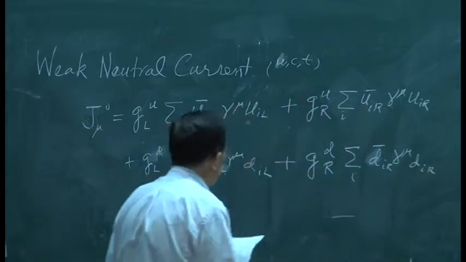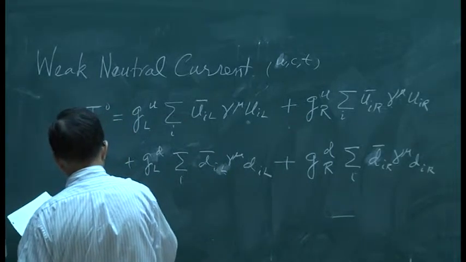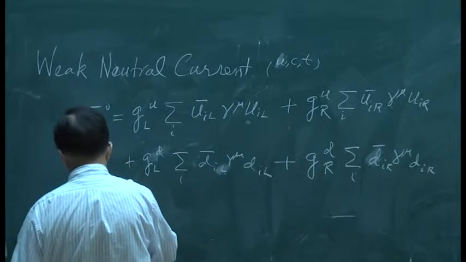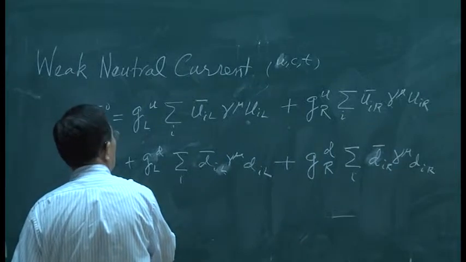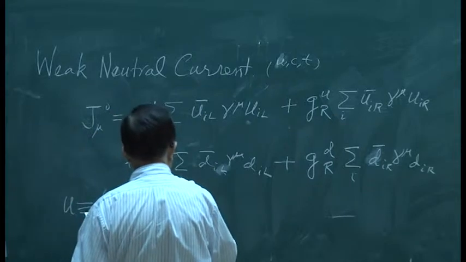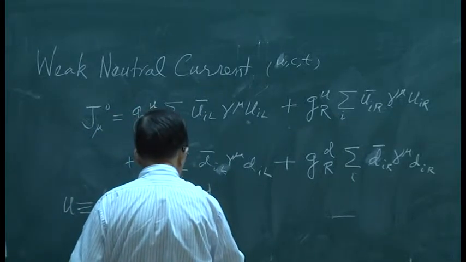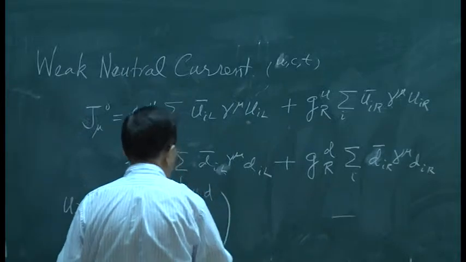Now, one can write U to be a column vector u, c, t, and then the D will be equal to d, s, b, and so on.